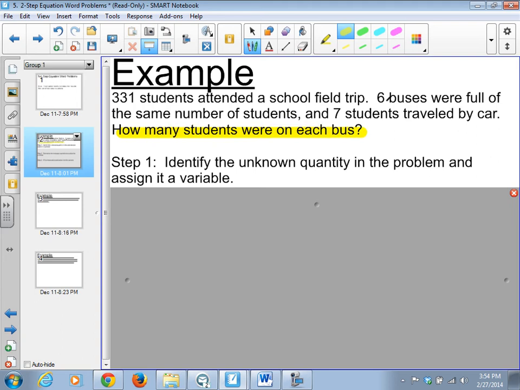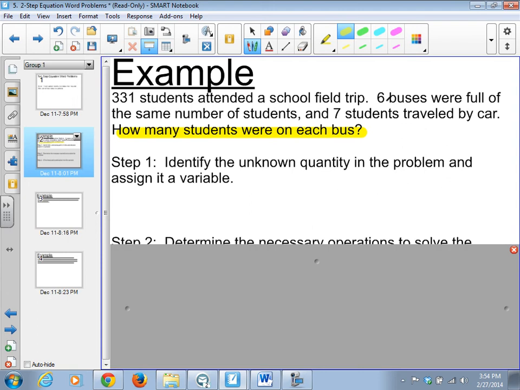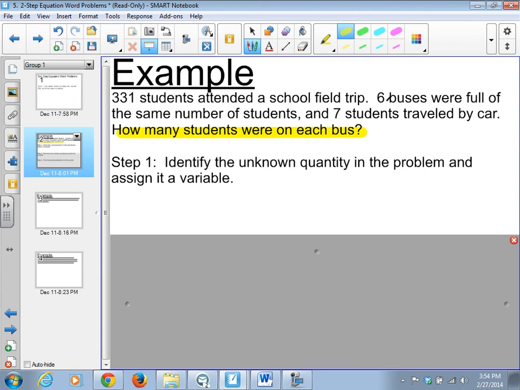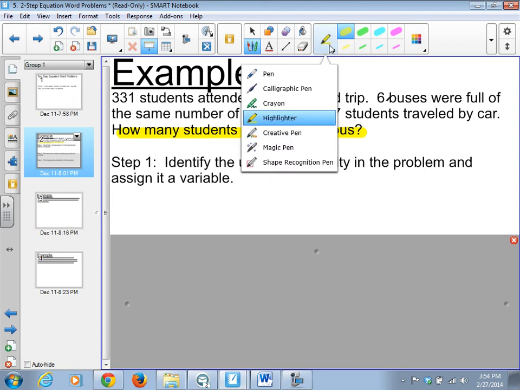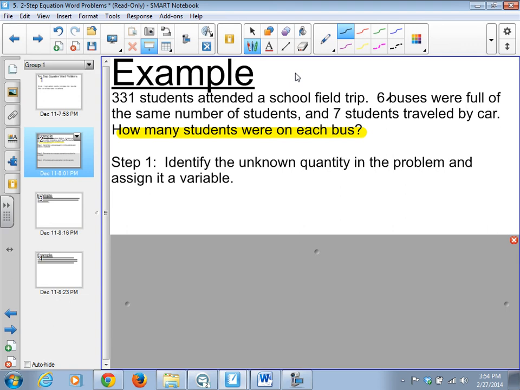That's what we're trying to figure out. So let's just call it n. So I'm going to define it as x equals number of students on the bus. All right, so there we go. It's going to be our x.